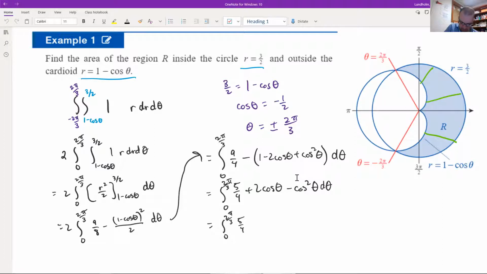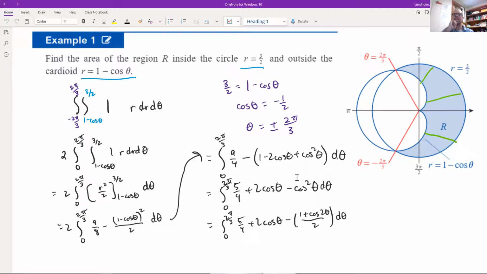Five-fourths plus 2 cosine theta, and then 1 plus cosine 2 theta over 2, d theta. I'm cheating. I'm looking at a formula. I don't have that one memorized.